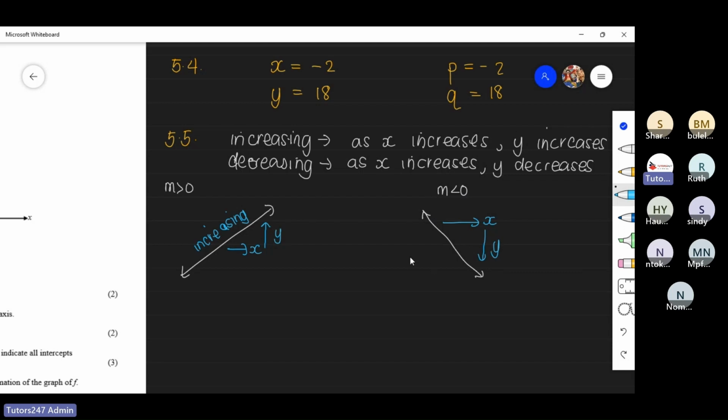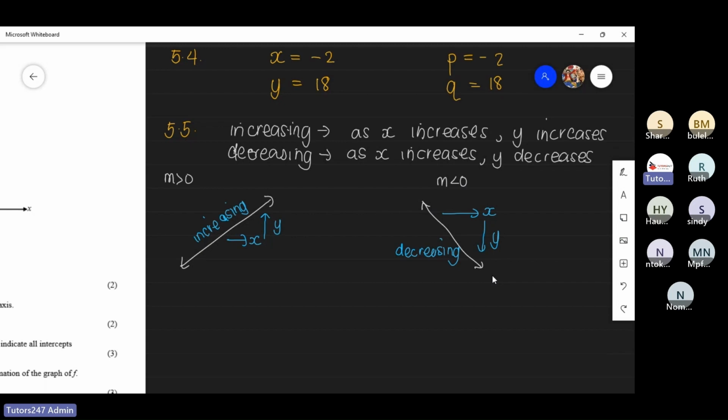So this is known as a decreasing function. Now you can use these positive or negative linear functions in order to identify whether other types of functions are increasing or decreasing.